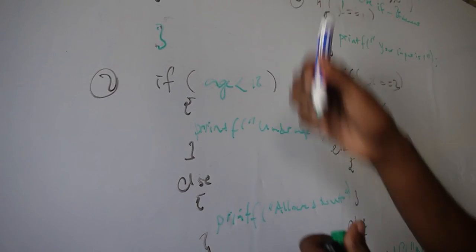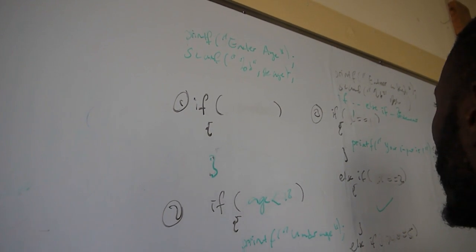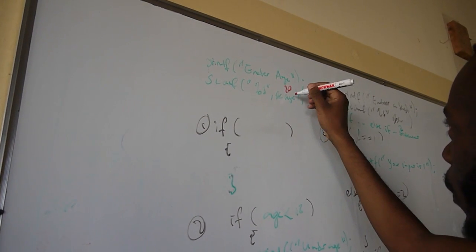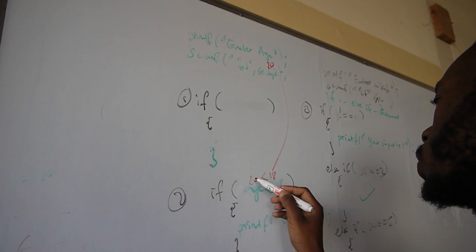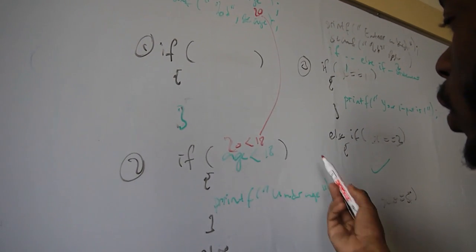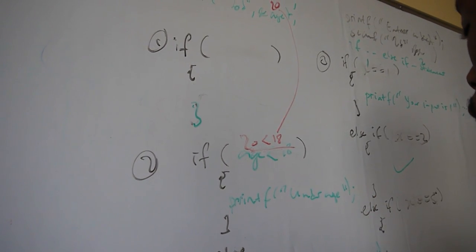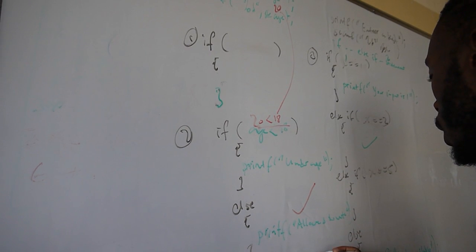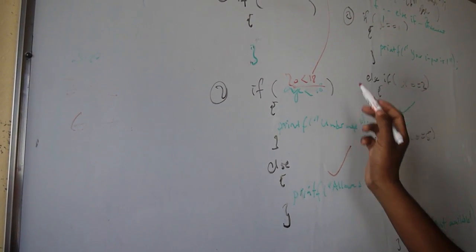So here, if we prompt a user to enter age, and the user enters 20, this program is going to check if 20 is less than 18. As we can see, 20 is not less than 18, so this condition is false. Since the condition is false, the program will execute allowed to vote.